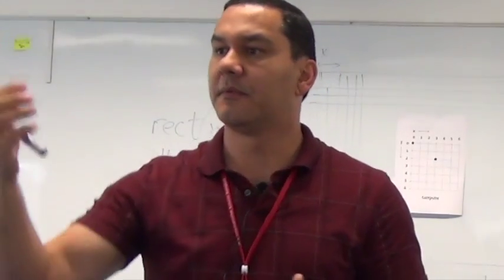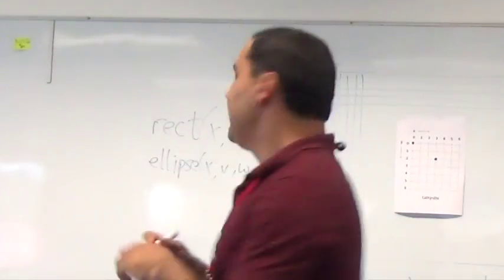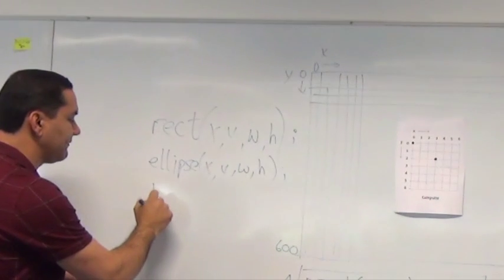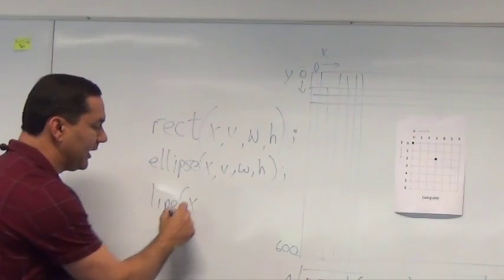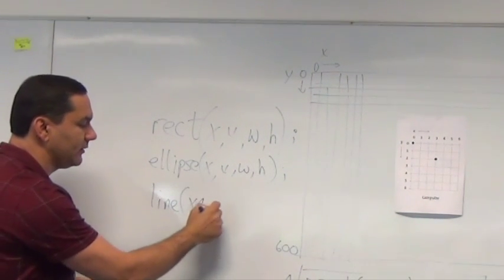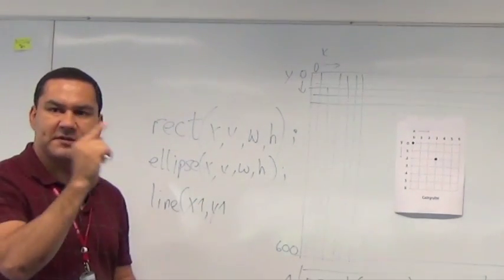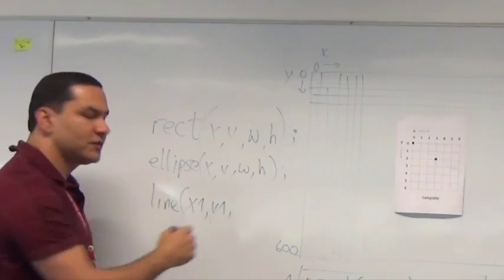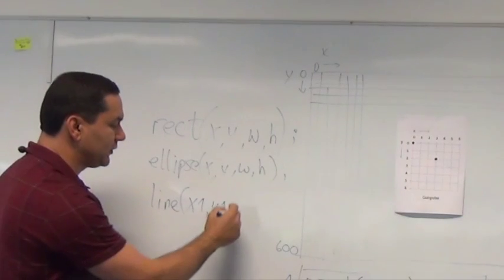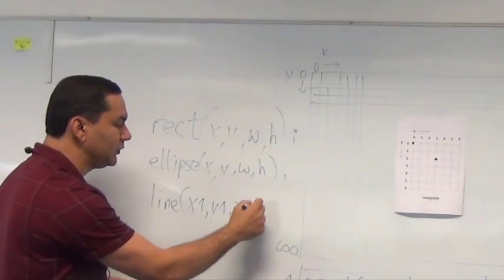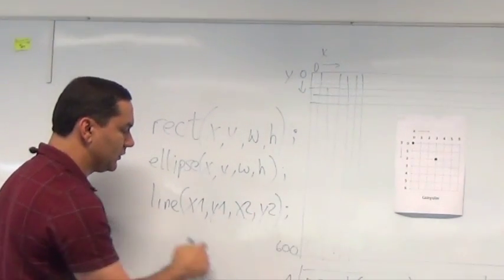Which instructions are new? Yes? Okay, line. If I use line, I need an initial point, which I'm going to call x1, y1, and then I also need an ending point, x2, y2.